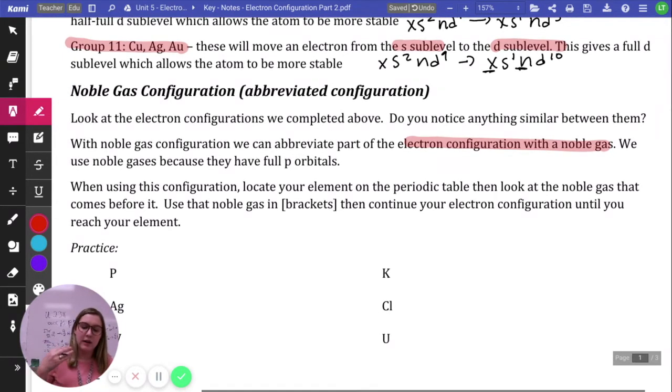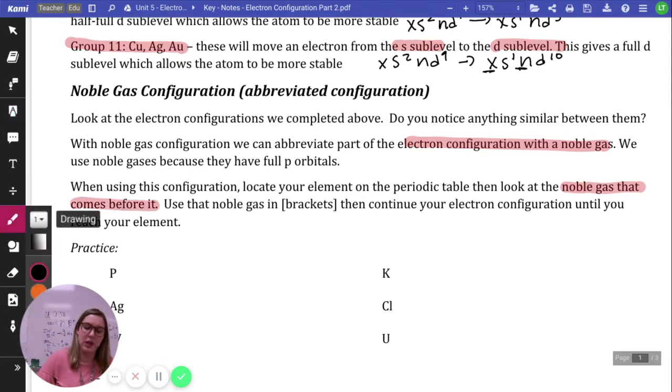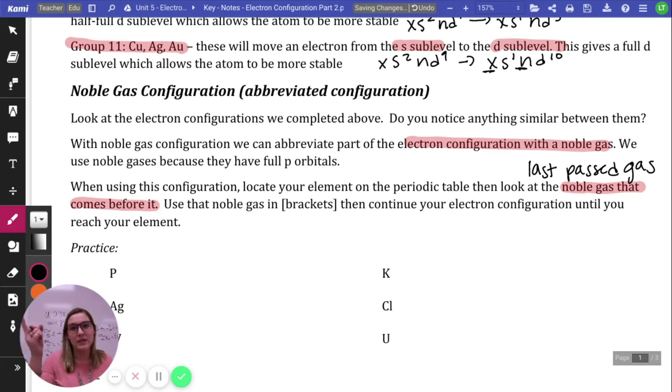But basically, here's what we're going to do. When you're using this configuration, you're going to find whatever element you're looking for on the periodic table, and then you are going to find the noble gas that comes before it. We call it the last passed gas, the gas that you passed to get to that one.